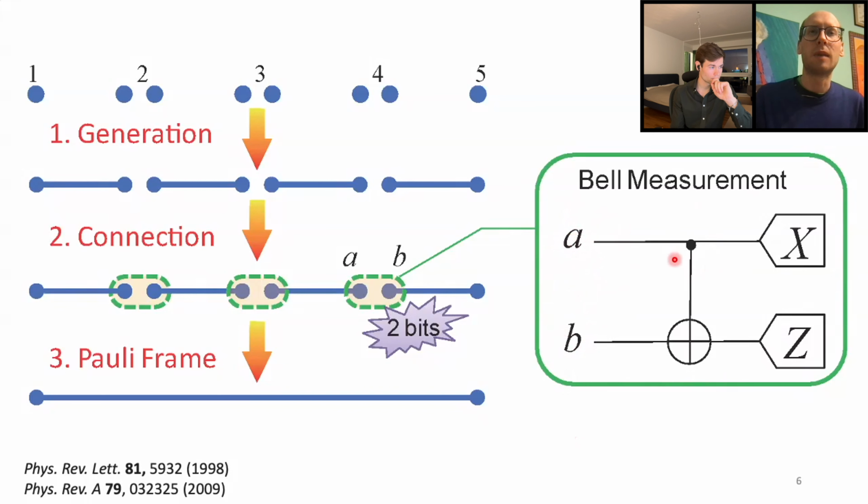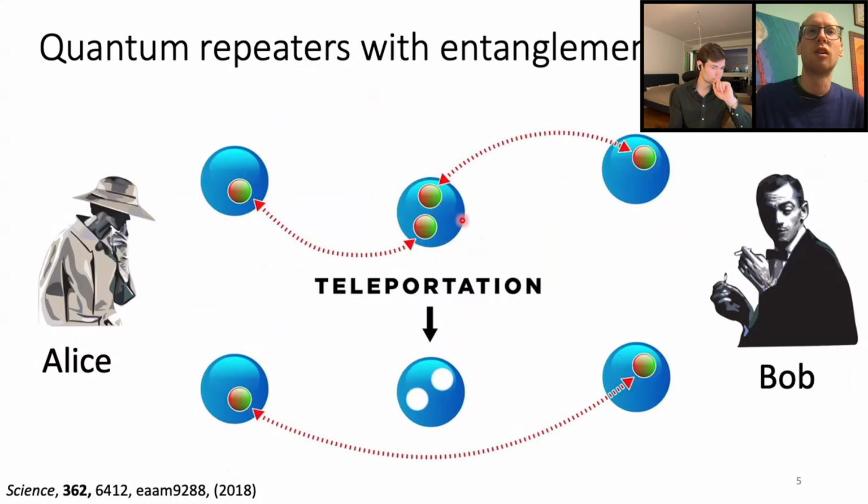So imagine that I already somehow had the resource and was able to generate long distance entanglement between this qubit and this qubit, and I was already able to generate an entanglement between this qubit and that qubit. Then it turns out that this Bell measurement that projects these two qubits into an entangled state simultaneously teleports the information that is in this qubit into that qubit on the right.